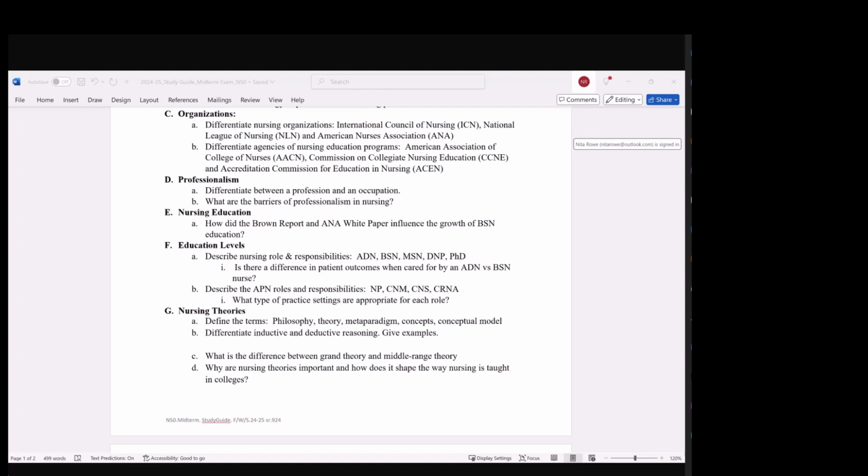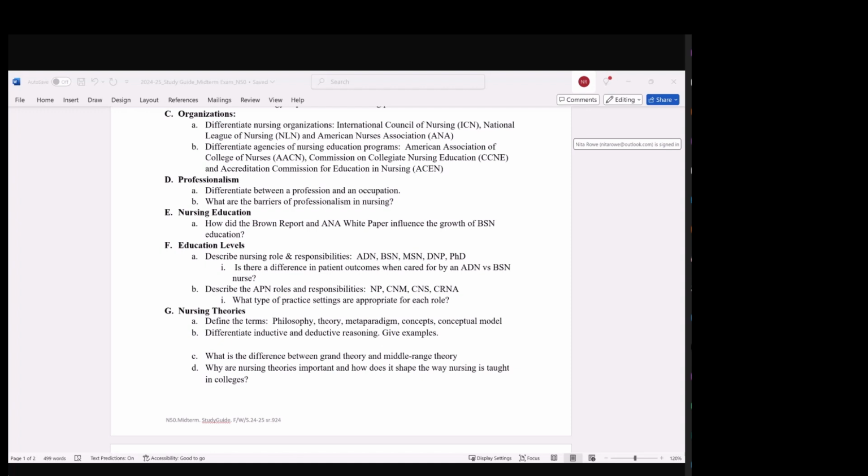Okay. So if you remember that pyramid that I showed you guys, the clouds and all that, do you remember? Okay, go back to that. If you remember, where is the grand theory? Is it closer to the clouds, or is it closer to the ground? The grand theory is closer to the clouds, right?